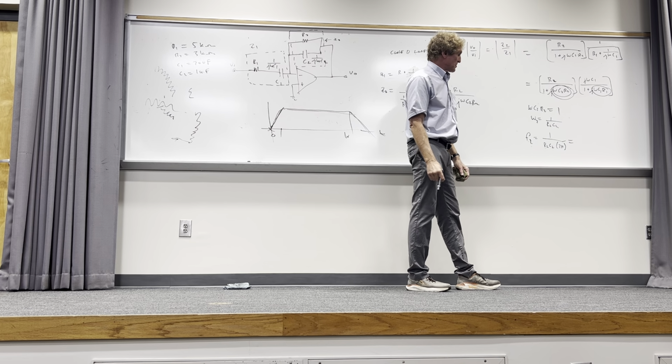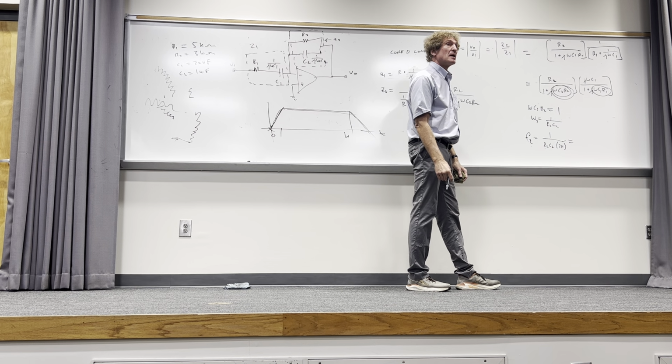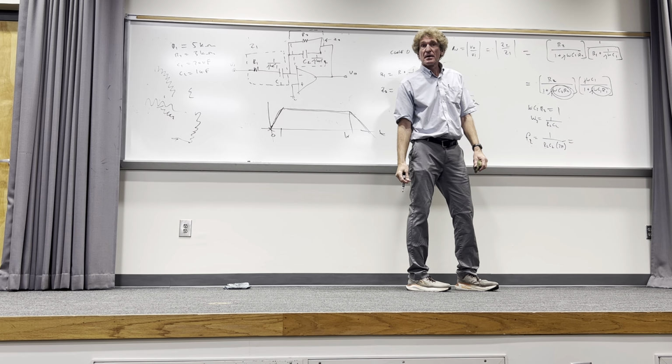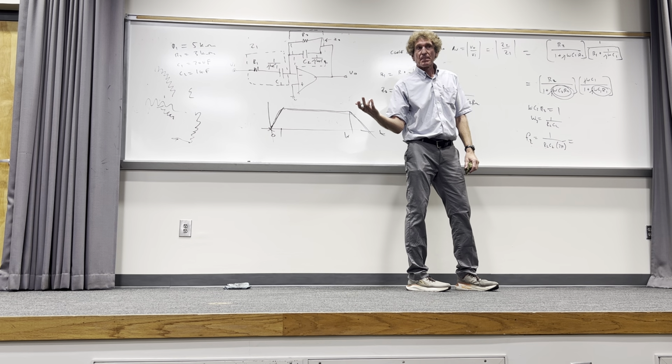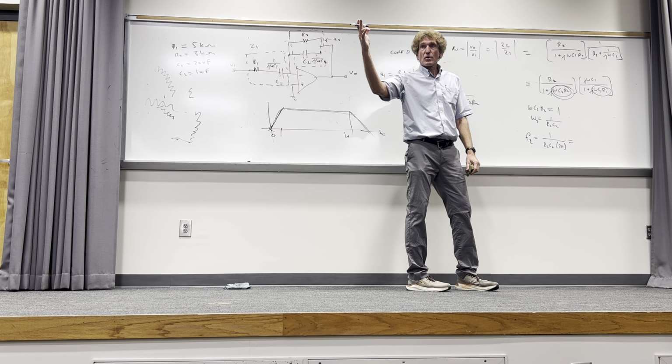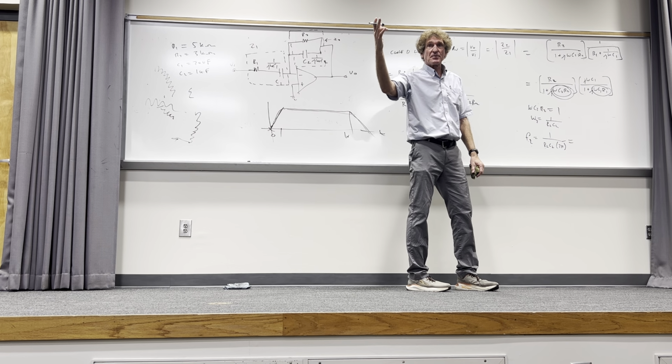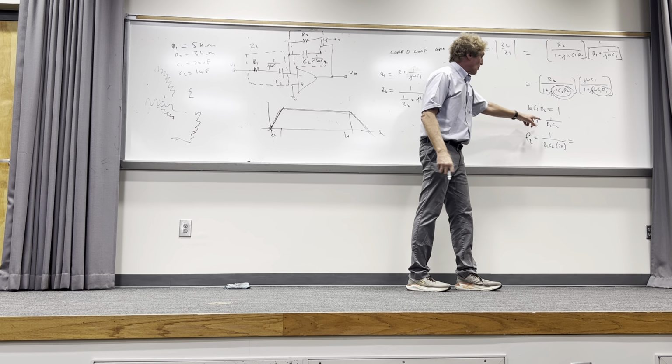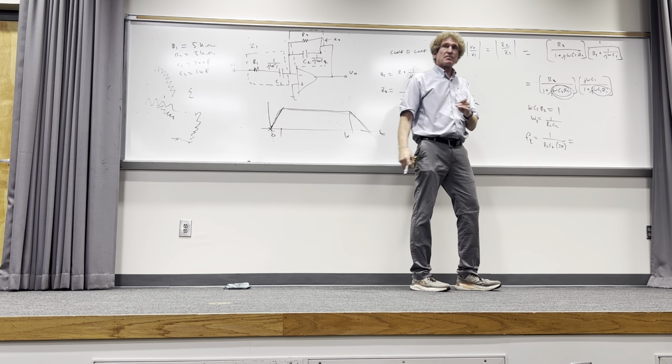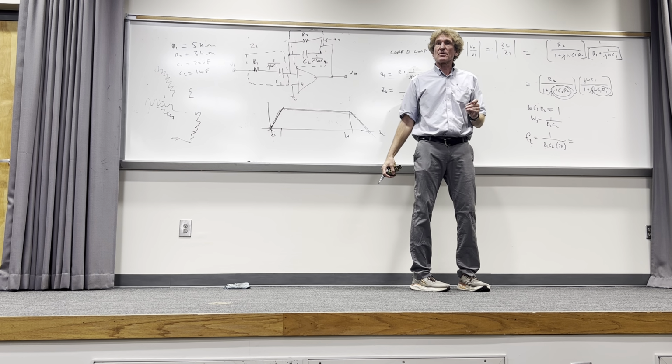1 over C2, R2, 2 pi. Anybody? I just need you to know the number. 200 hertz, is that right? Radians per second. Omega, give me an F, divide by 2 pi. I don't want 1 over R2C2, divide that by 2 pi, because the answer will be in hertz. Anybody confirm that? 31.8, is that what you got?